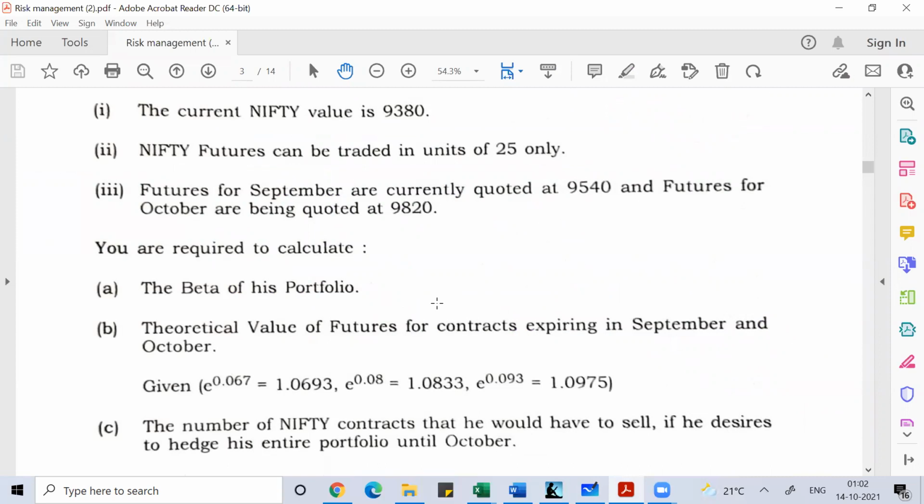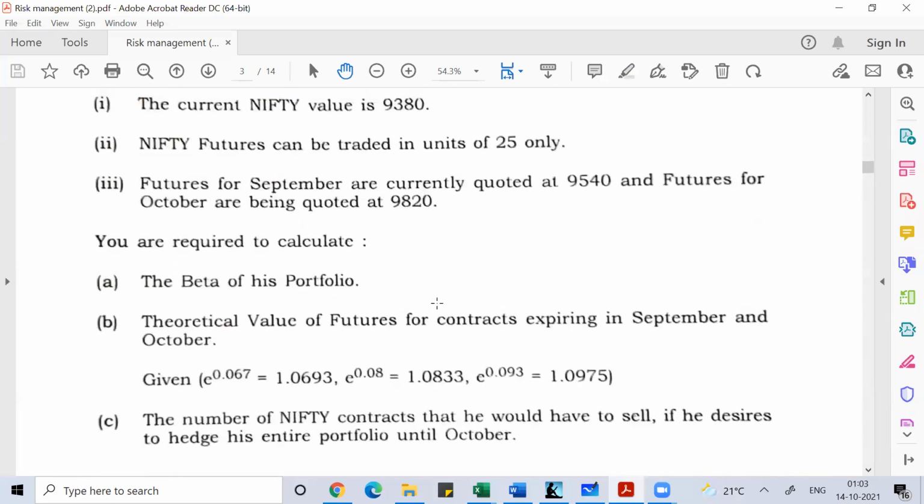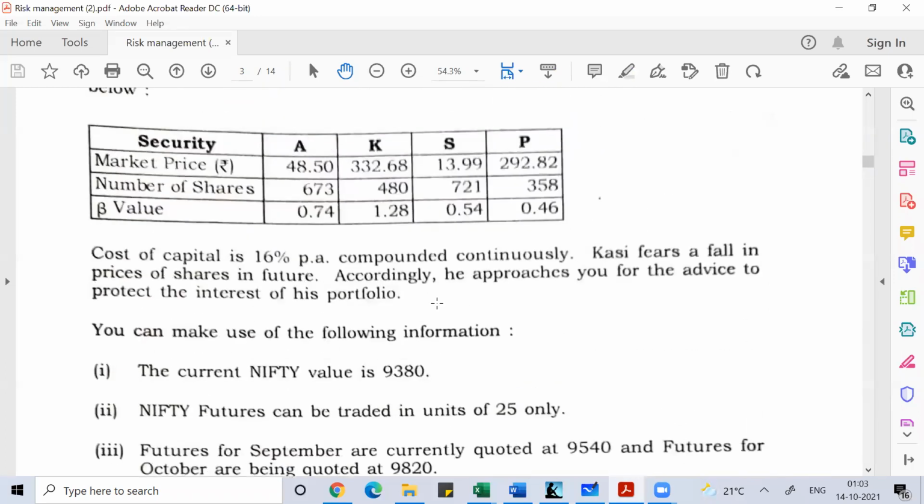And if the value of the portfolio falls, then the short position on the Nifty contract will help the person during that time. Clear, everyone? So I got to know the number of Nifty contracts he can short, and that way this person can hedge his risk over the value of the underlying asset.